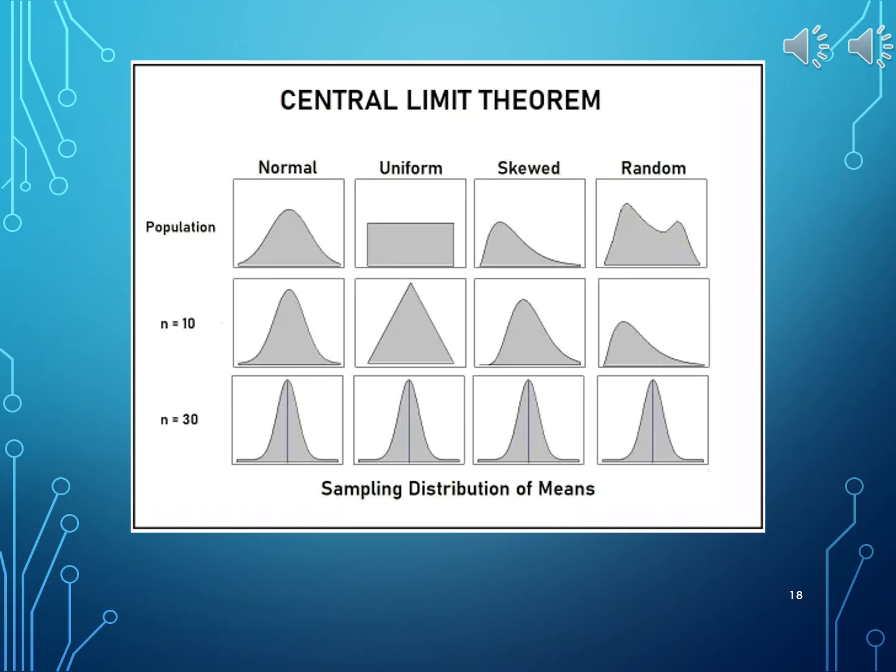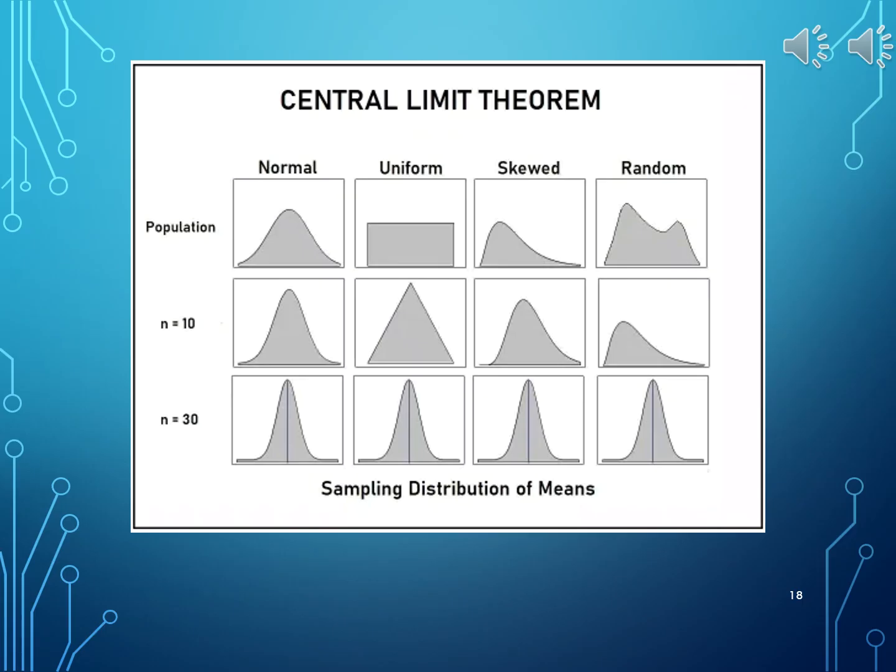And so once you get a sample size of 30 or above, and you keep on taking more samples and more samples, and creating this distribution of means, the distribution of means will always be normally distributed, even if the original population distribution wasn't. So that's pretty cool. And that helps us because we need the distribution of means to be normally distributed in order for our hypothesis testing logic to work out. And we'll talk about that in a second.